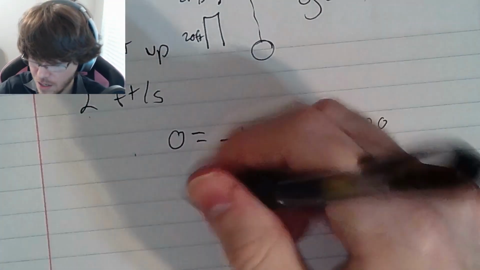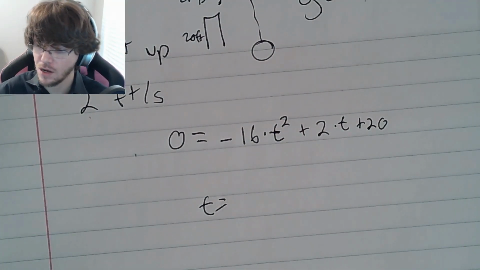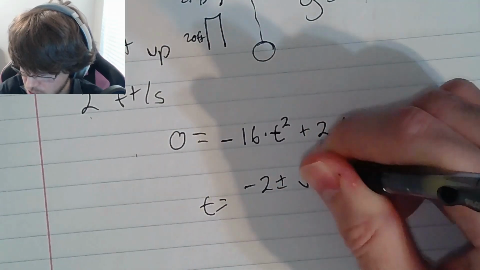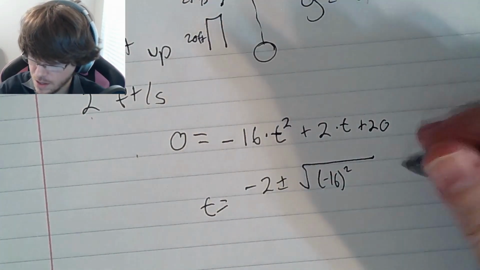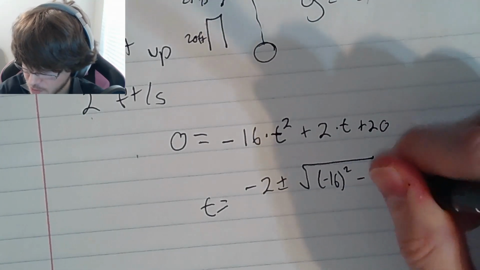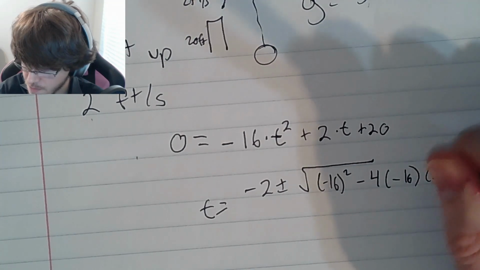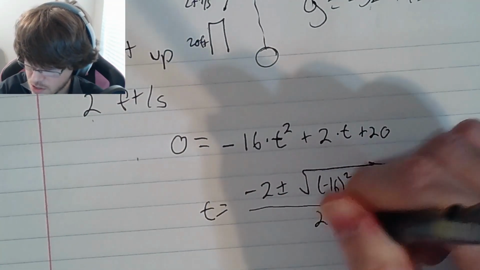So this is going to be our t equals negative b plus or minus the square root of b squared minus 4 times a times c, all divided by 2 times a.